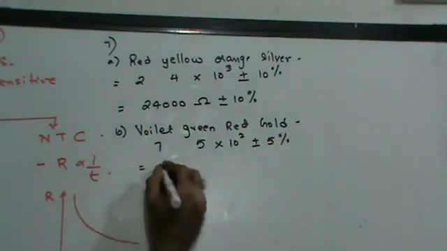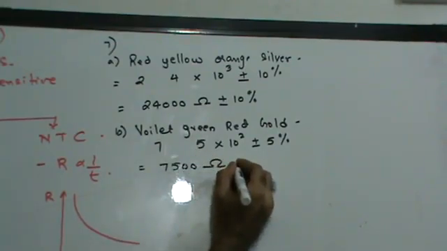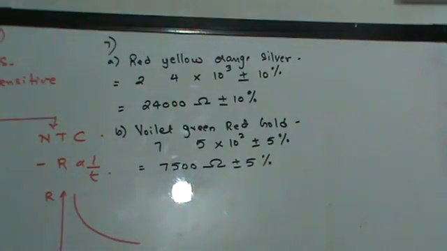So the value of resistance will be 75 into 10 raised to 2, which is 7500 ohms plus minus 5%. Right? That's how, just by looking at the color bands, you can find out the value of the resistance. Fine, is this clear? We will stop here for the day. Thank you very much.